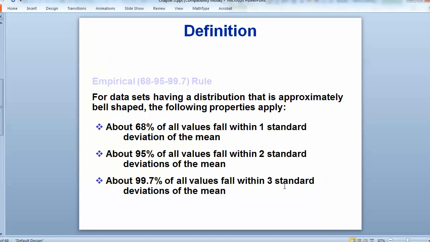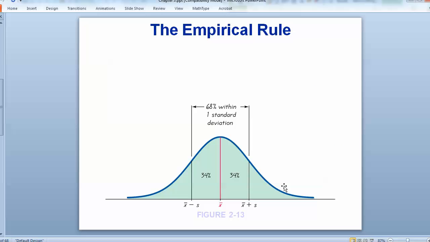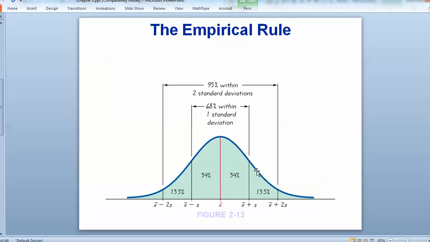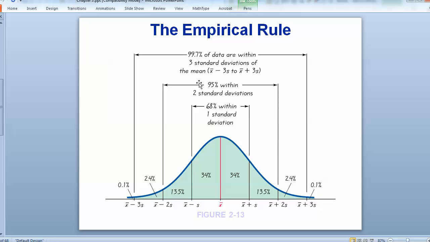The empirical rule, actually, let me see if I can show us that and remind us. This follows along the same lines of thinking, that within 1 standard deviation, we contain 68% of our data. Within 2 standard deviations, we contain almost all of it, right? 95%. And then the 5% mark is where we benchmark our statistically significant, but there is still some data left out here.